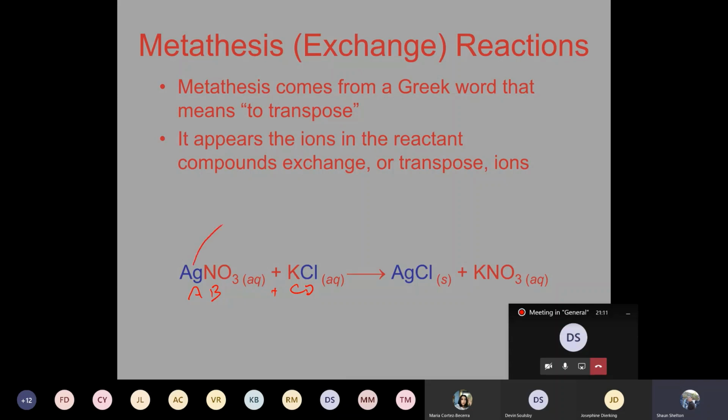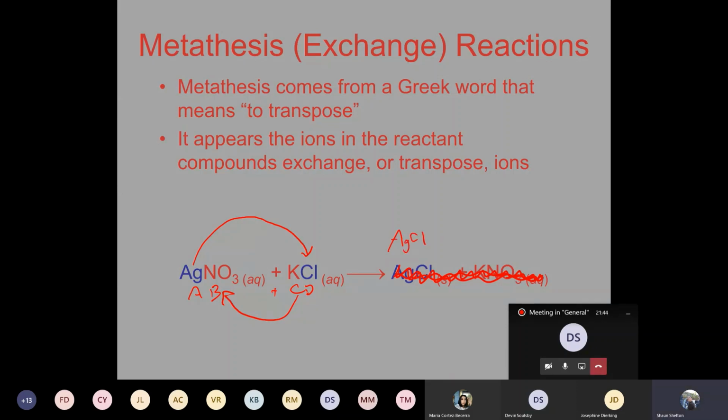You understand that A goes to D, and then C goes to B. So this is the part where this is not given to you. What you're given is silver nitrate reacts with potassium chloride, predict the products, and then determine which of the products are insoluble. All right. So the Ag goes to Cl.